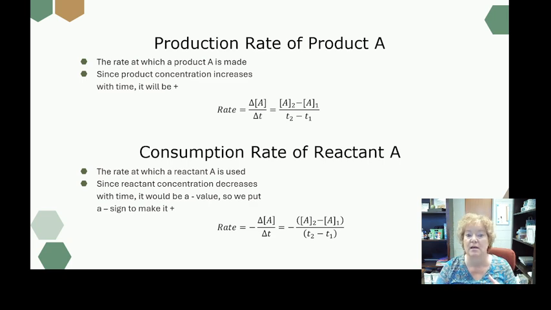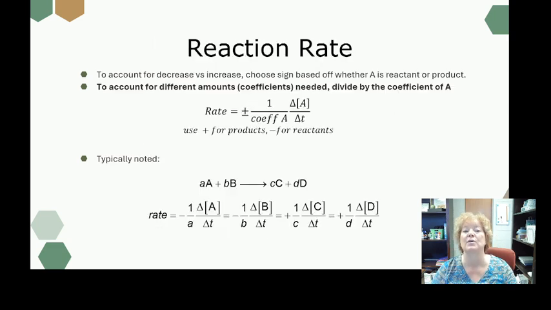And then these are just about a certain reactant or product. When I move and talk about the reaction rate, in order to get them all to be the same, I now need to deal with that coefficient issue. So to account for the decrease versus increase, I will put a sign in front. If it's a reactant, I'll put a negative sign in front. And if it's a product, I'll leave it positive.